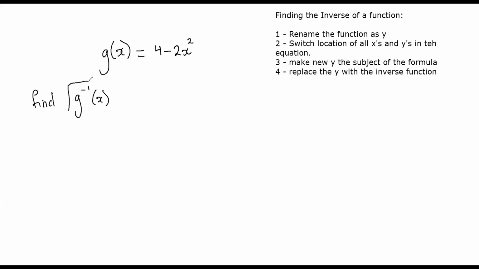What this means, this to the negative 1, this means the inverse of g, or g inverse, like something like matrices. Exactly. When you see the negative 1, it means you're finding the inverse.